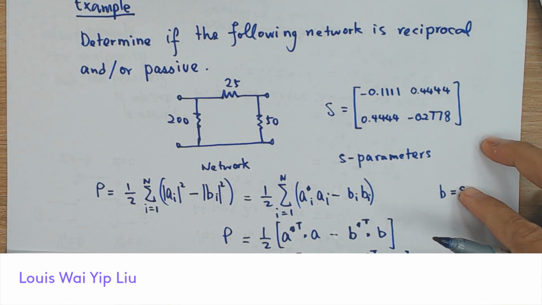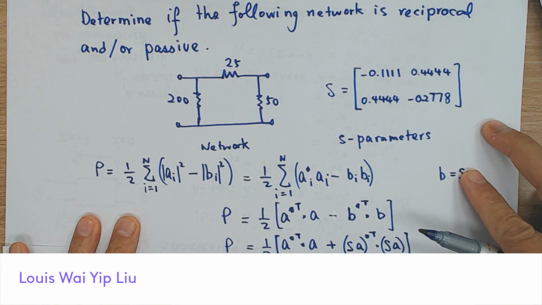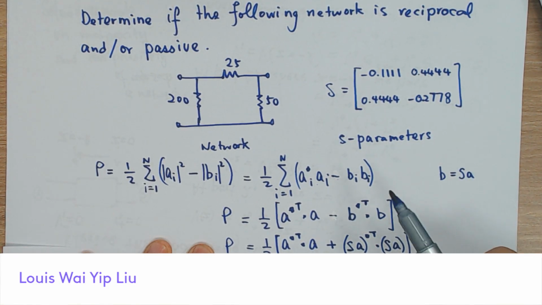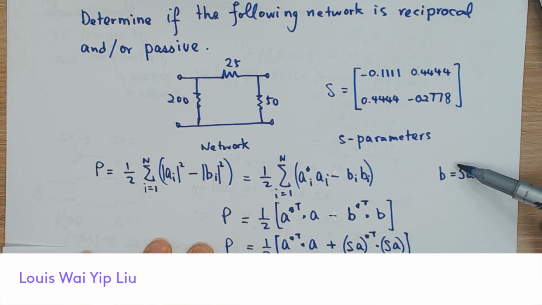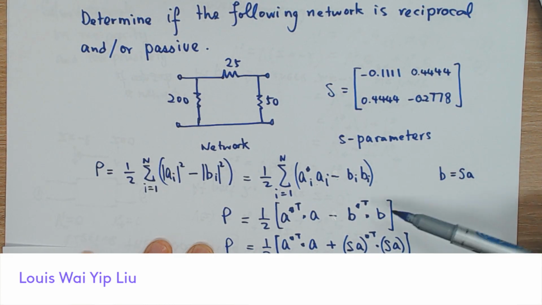If we continue with this process, we can use this equation to substitute all the B variables here, all the matrix P here. So we do that, and that's how we get this equation.